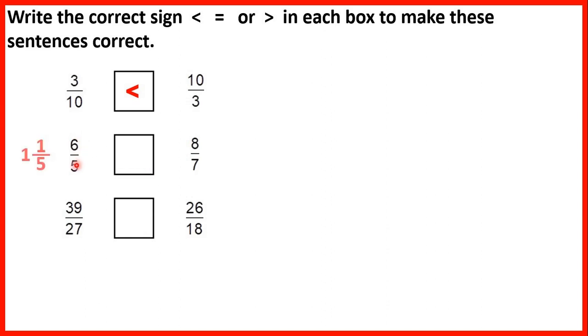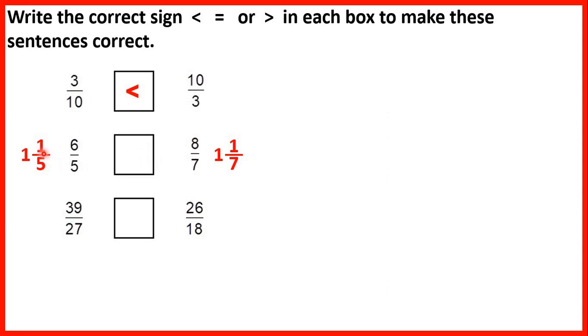So 6/5 is the same as 1 and 1/5 because the denominator stays the same, and 6 divided by 5 is 1 remainder 1. And 8/7 is the same as 1 and 1/7. 8 divided by 7 is 1 remainder 1.